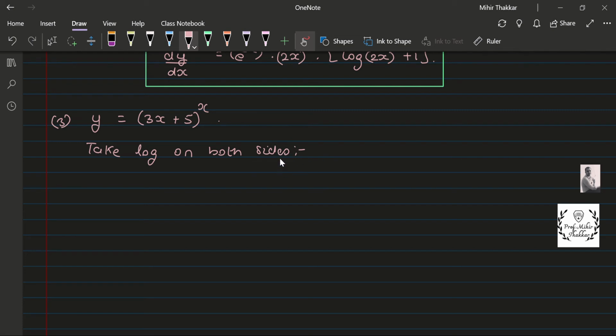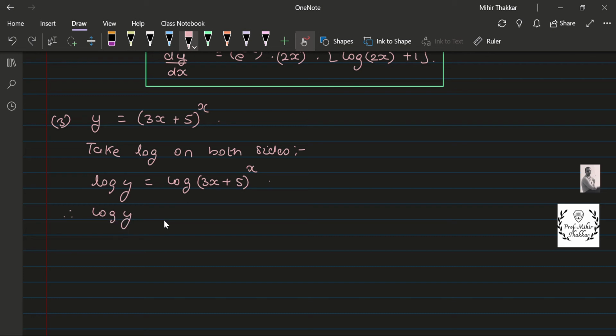Once again guys, over here also we have to start in the same way. Taking log on both the sides, we will get log of y is equal to log of 3x plus 5 to the power x. Take this x in front of the log with the help of the property.